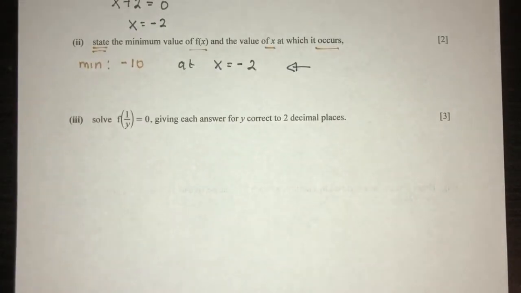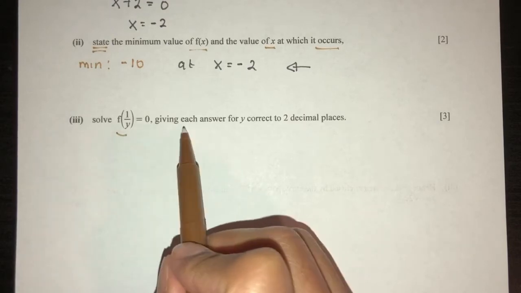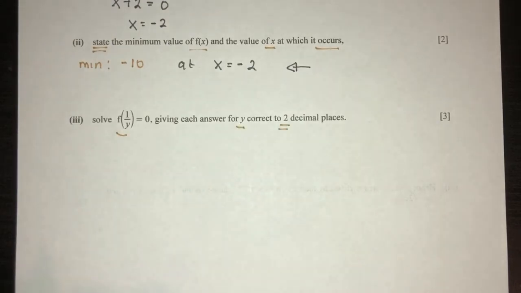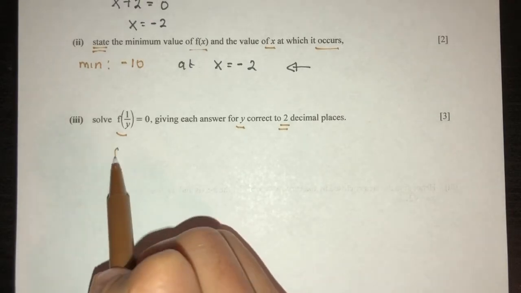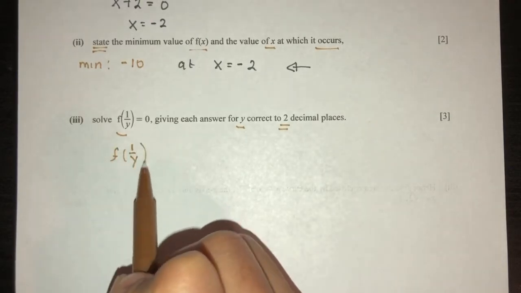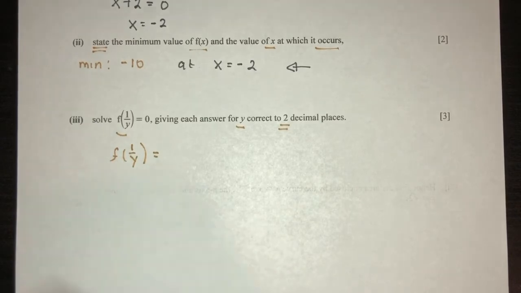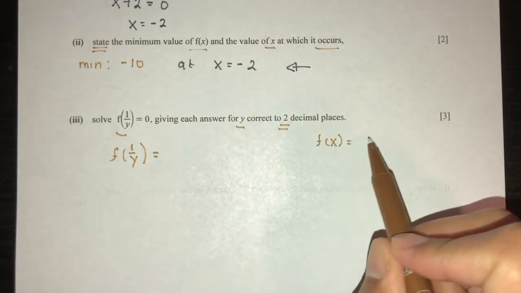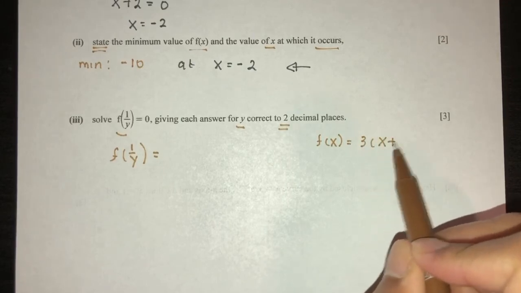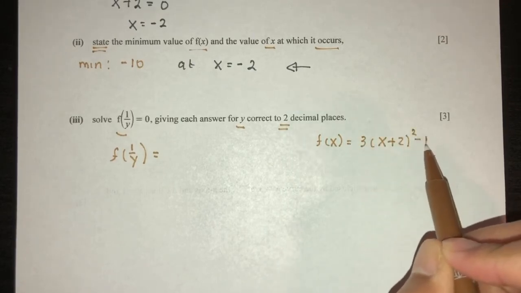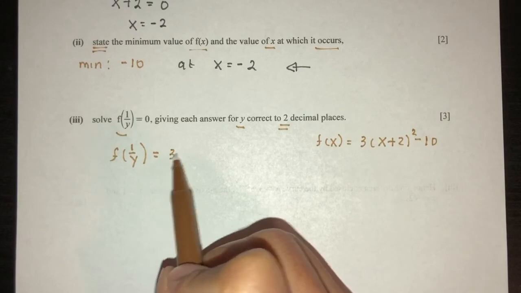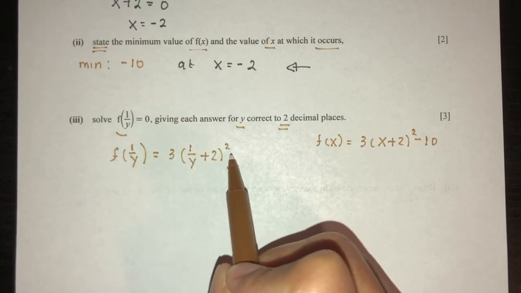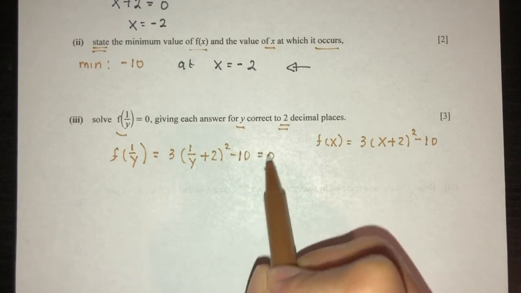Now for part 3, we have to solve this equation, giving each answer for y correct to 2 decimal places. So f of 1 over y is equal to what? Replace back in your equation, because now you know f of x is equal to 3 (x plus 2) squared minus 10. That will be 3 (1 over y plus 2) squared minus 10 is equal to 0.